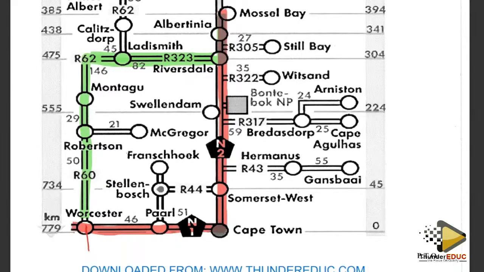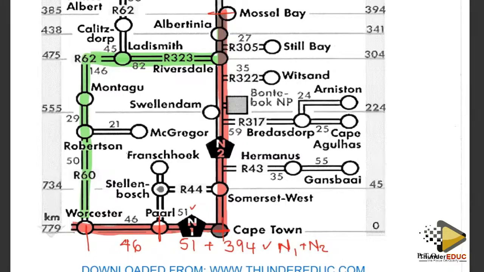The distance from here up to there is 46. From here, Paarl, to here, it's 51. Now, the distance from here to Mossel Bay is 394. This is the distance when you've used the national roads, the N1 and N2.